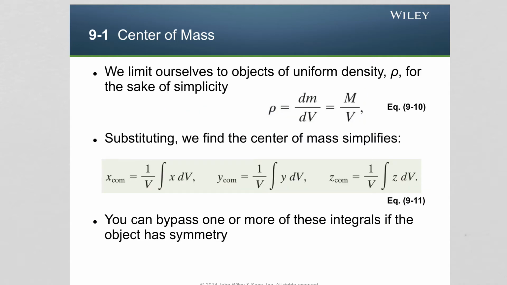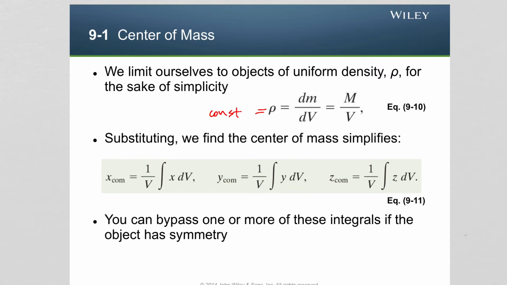We know that for an object made from a certain material or substance that is uniform in composition, the density will be a constant. So the density doesn't change, which means that if I divide the object into small mass elements with mass dm and volume dV, the ratio dm over dV will be the density of the material from which this object is made.